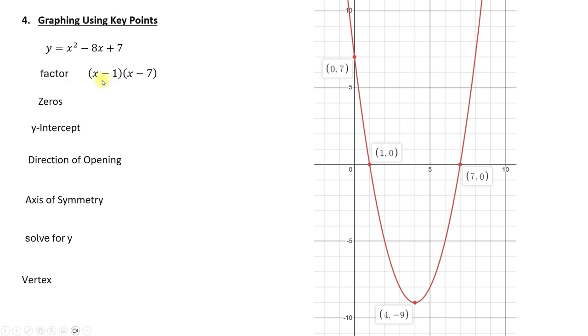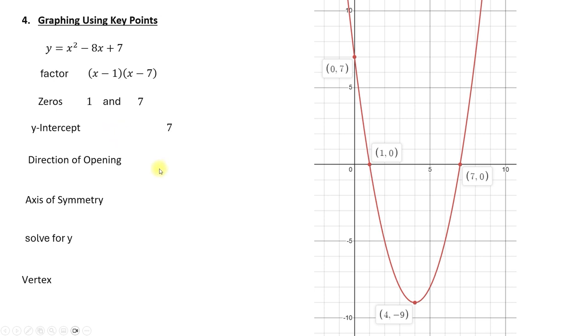Those two numbers happen to be -1 and -7. Now, if our factored form gives us -1 and -7, then our x-intercepts, or zeros, are +1 and +7. Our y-intercept is simply this value right here, our b value.